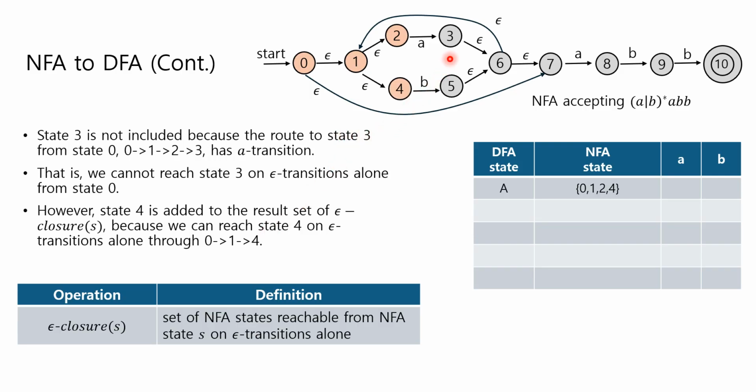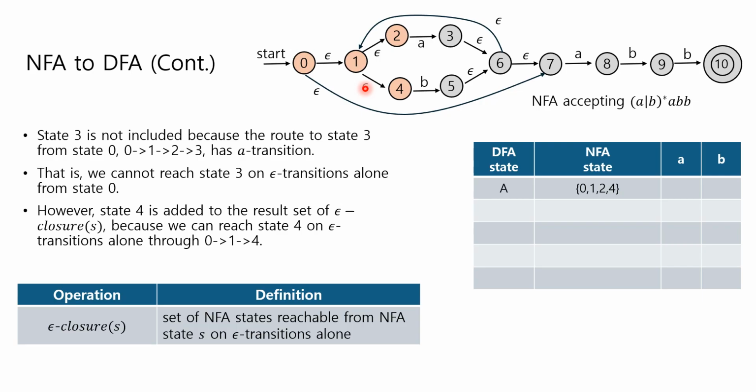And state 3 is not included because we have to pass through a transition on a to reach state 3 from state 0. That is, state 3 is not reachable from state 0 on epsilon transitions alone. And state 4 is reachable on epsilon transitions alone through state 0 to 1 to 4.